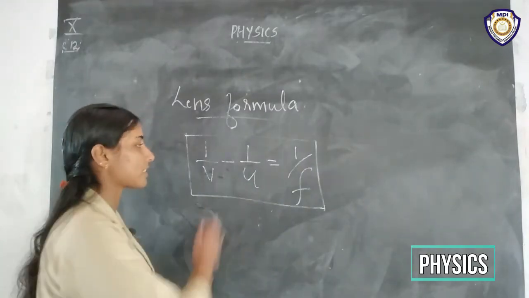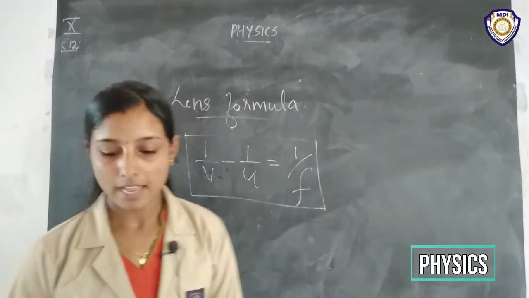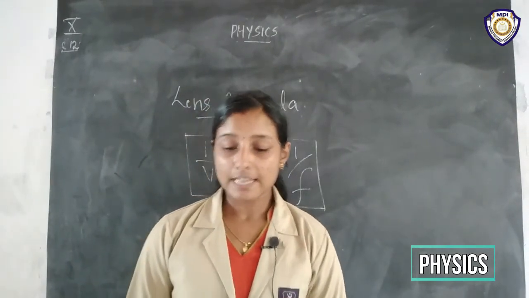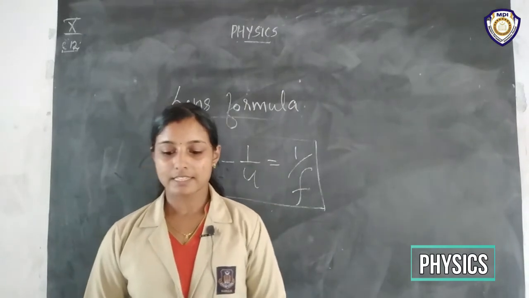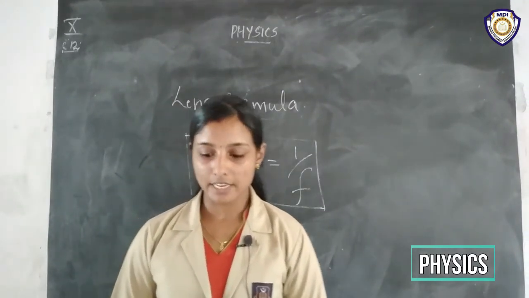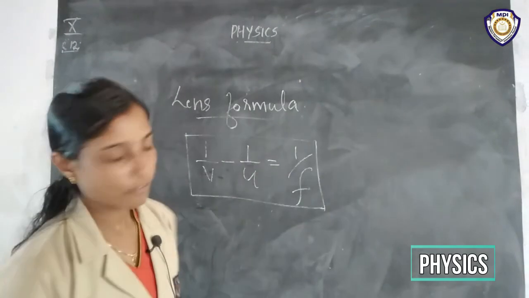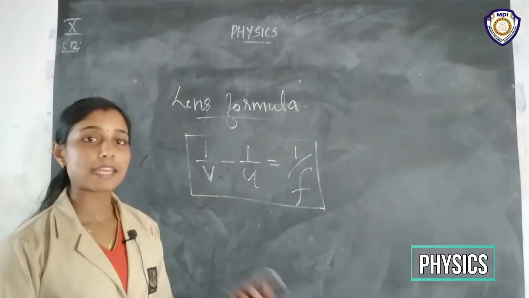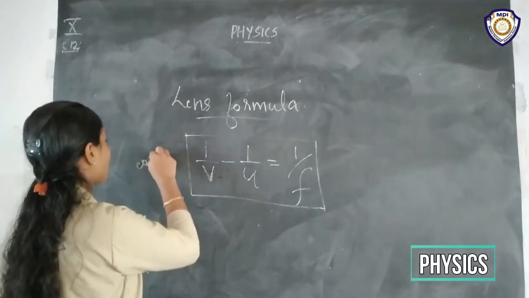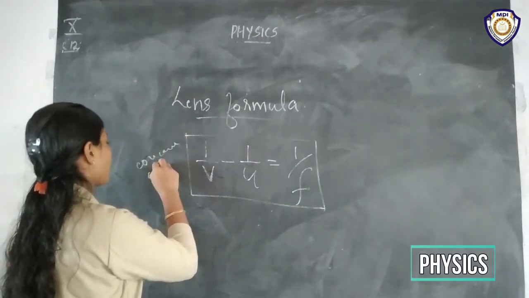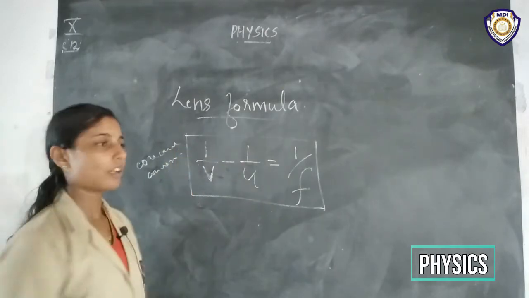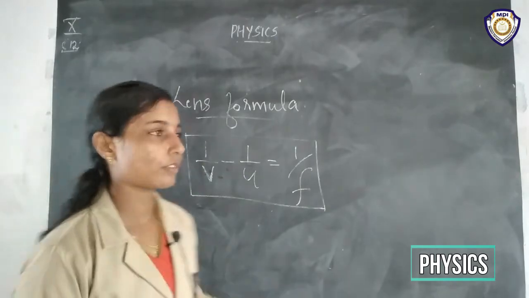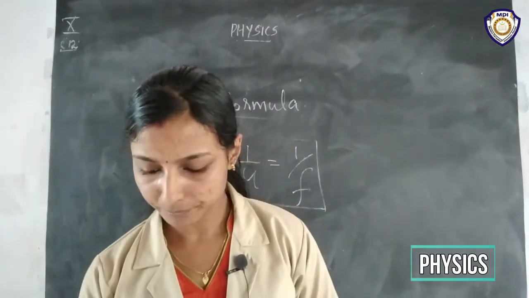So 1 by v minus 1 by u is equal to 1 by f is the lens formula. The lens formula given here is general and valid in all situations for any lens. That means it is valid for concave lenses, convex lenses and all other lenses.